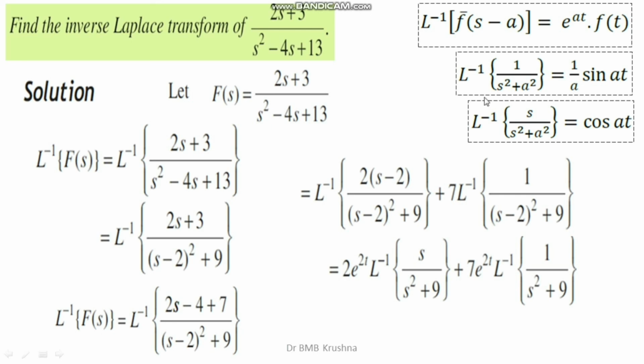Using these two formulae, 2 times e power 2t itself, L inverse of s by s square plus 3 square became cosine 3t, plus 7 e power 2t, L inverse of 1 by s square plus 3 square became 1 by 3 sin 3t. Hence, this is the required inverse Laplace transform of this function by utilizing first shifting property.